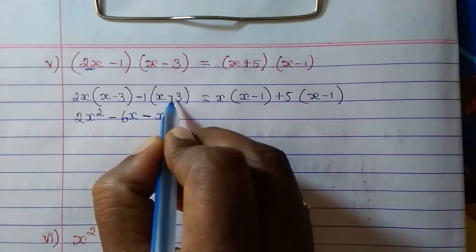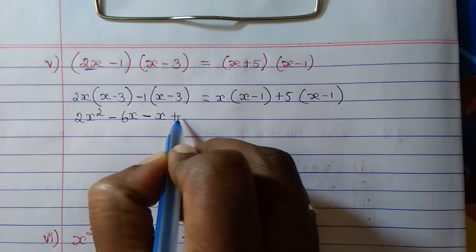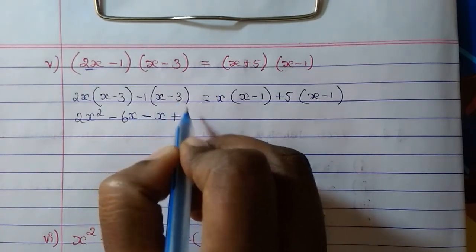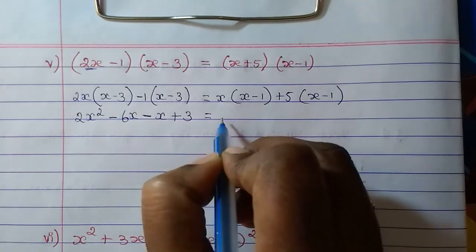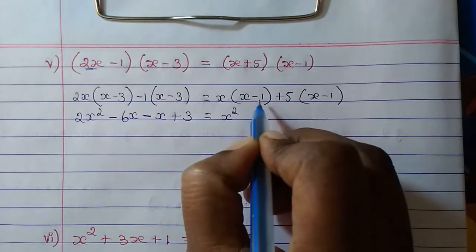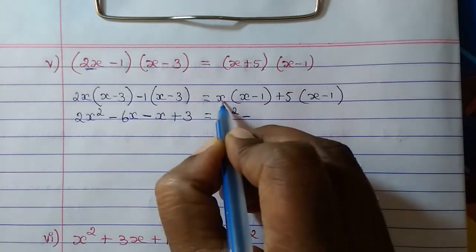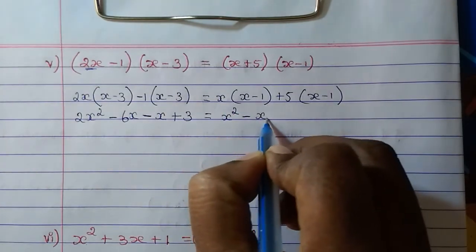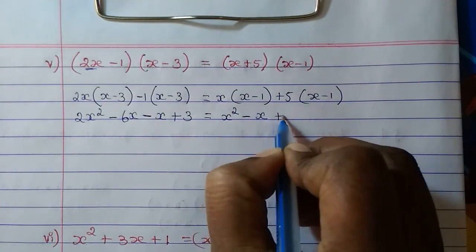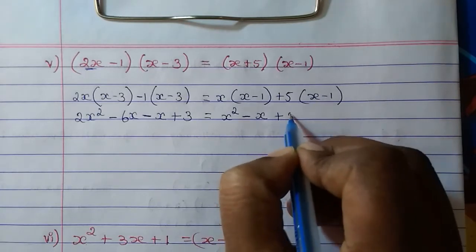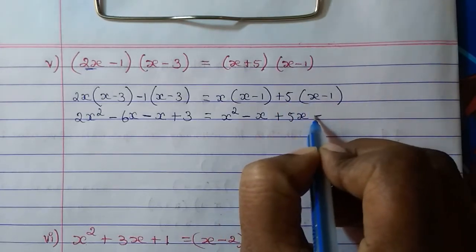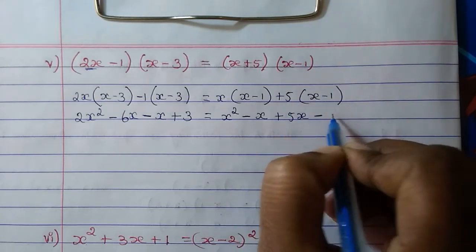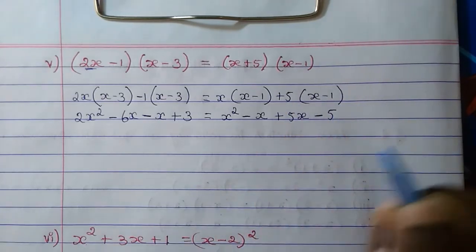Then minus into minus becomes plus, then 1 into 3 will give us 3. Now x with x when we multiply we will get x square. Minus is here, x into 1 will give us x. Then plus is here, 5 into x will give us 5x. Plus when you multiply with minus it becomes minus, then 5 into 1 will give us 5.